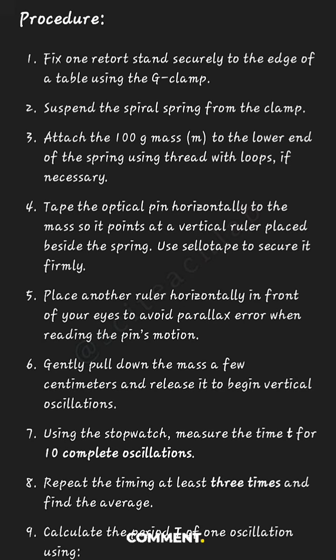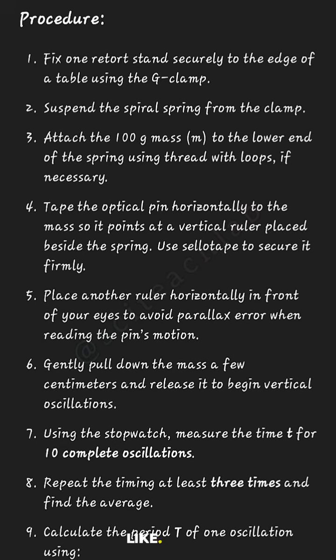So my procedure is to fix one retort stand securely to the edge of a table using the G clamp, so that when you are trying to oscillate, it won't fall off or something like that. Then suspend the spiral spring from the clamp and attach the mass M to the lower end of the spring using thread with loops, if necessary, or just attach it directly.